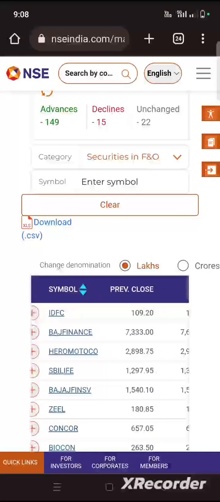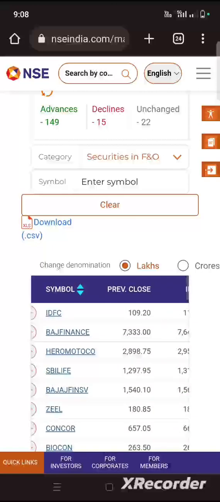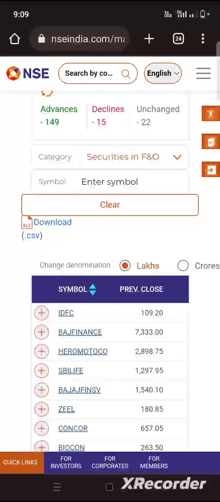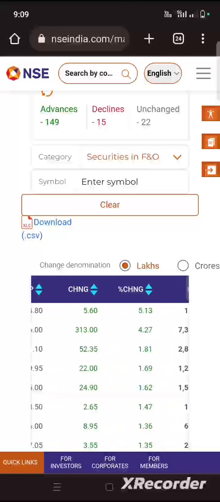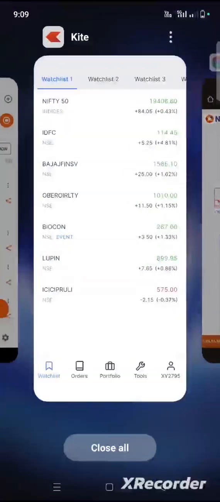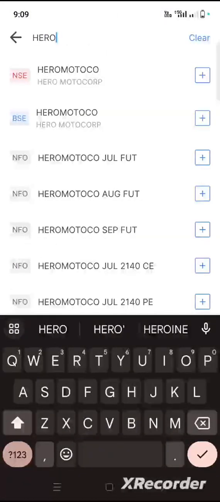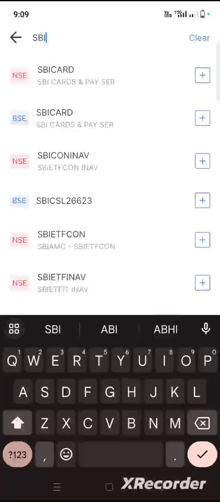So IDFC settled at 5%, Bajaj Finance settled at 4%. Now see, we have one more new entry, Hero MotoCorp, and SBI Life.